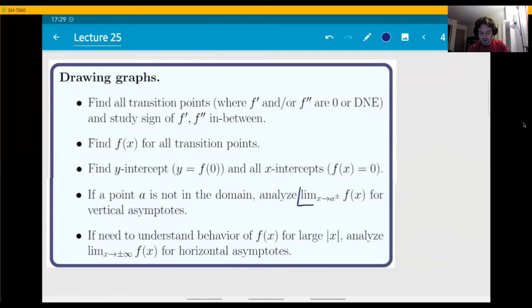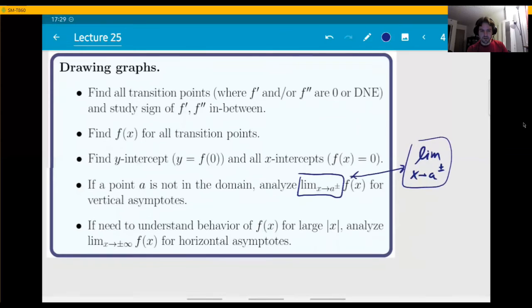By the way, this limit notation here is the same as writing x converging to A with a plus or minus straight below the symbol of limit, or as a subindex like this. This is the same thing. You may see this type of notation here. That's the same thing. And then finally, horizontal asymptotes.